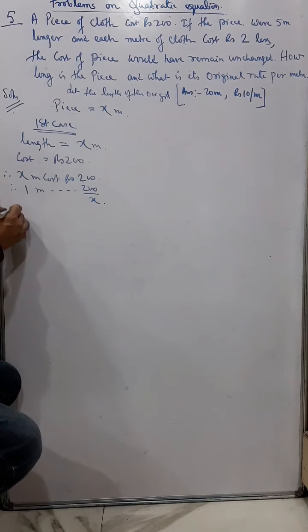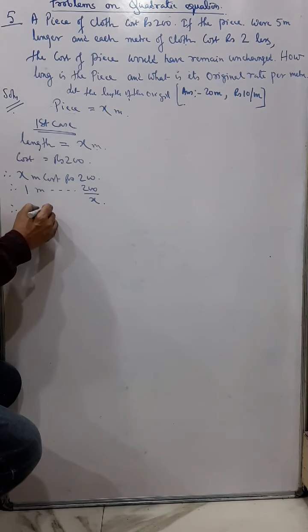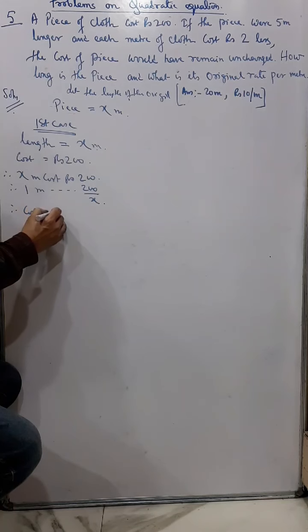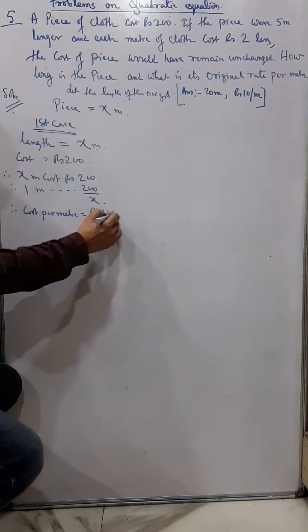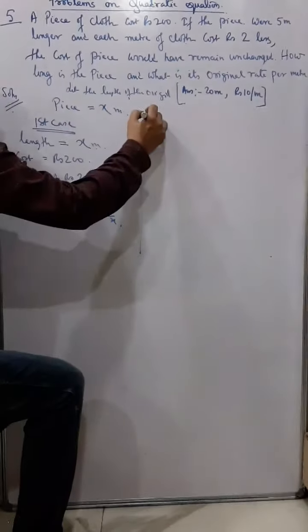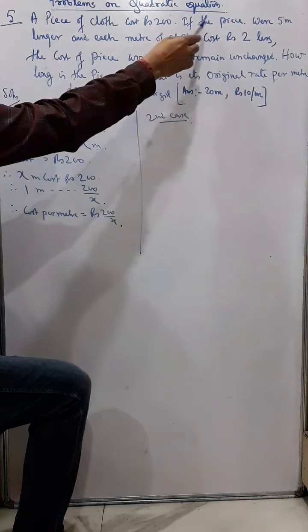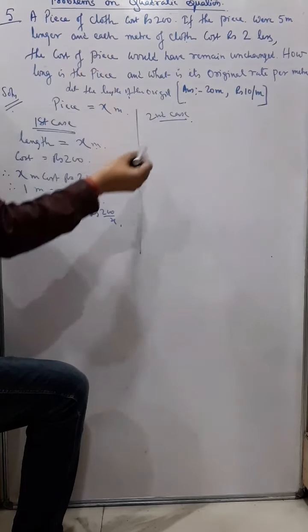So the cost per meter in the first case is this. Now see the second case. What they told: if the piece were 5 meters longer.